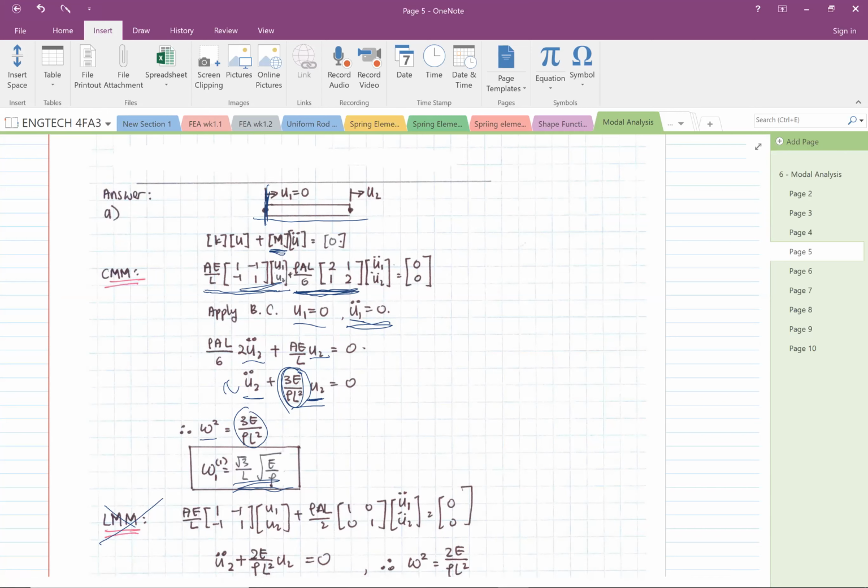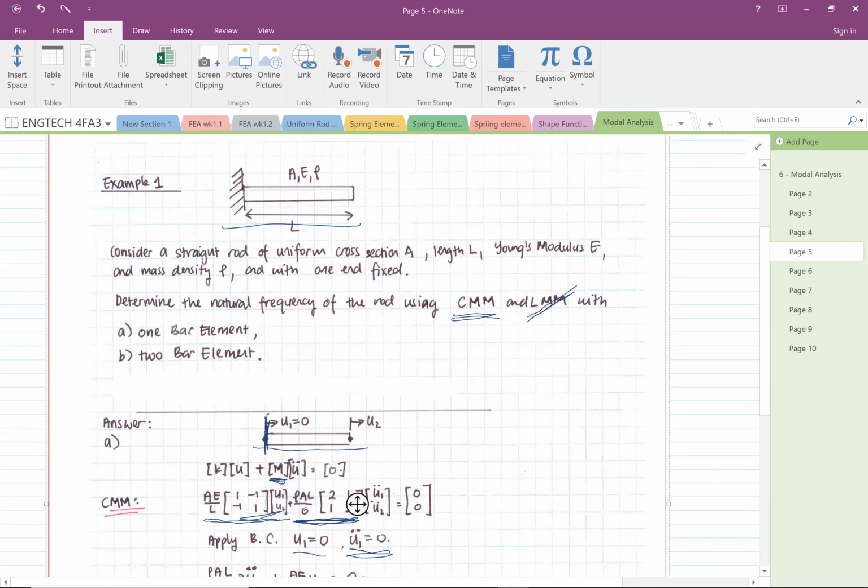This is the application when there's only one element. Now let's see what we do when we have two elements, because the question said to use one element to simulate this.